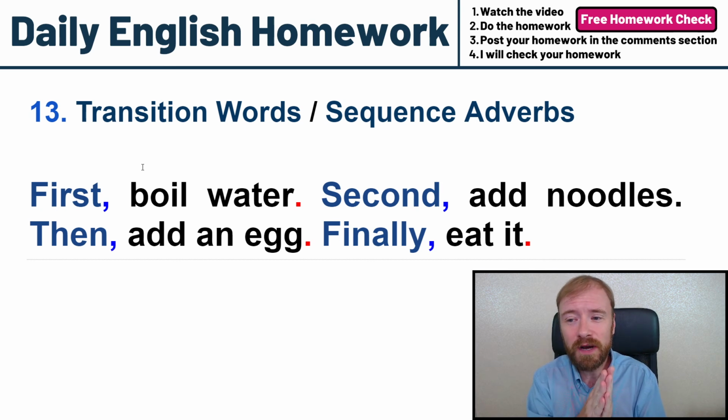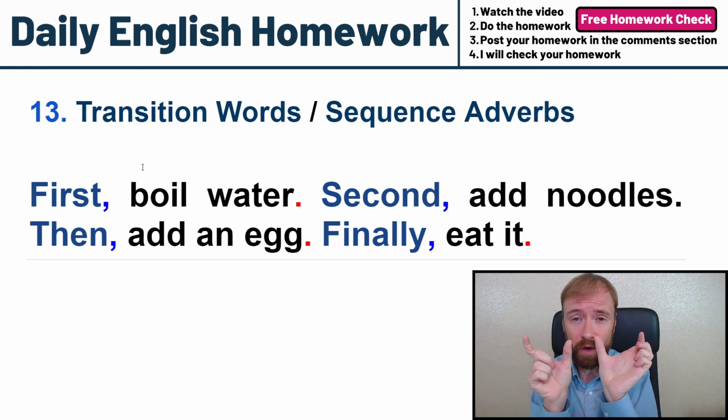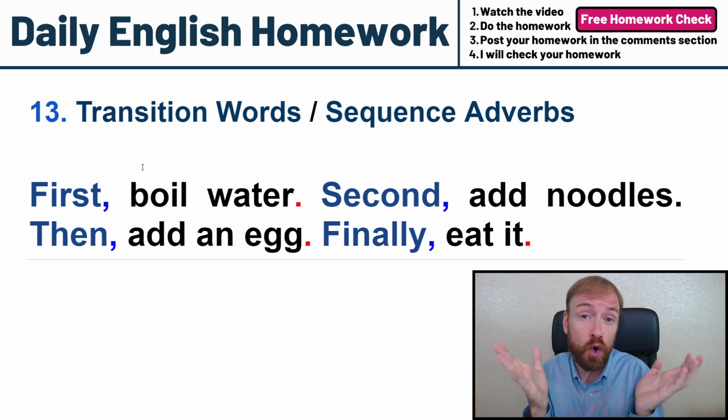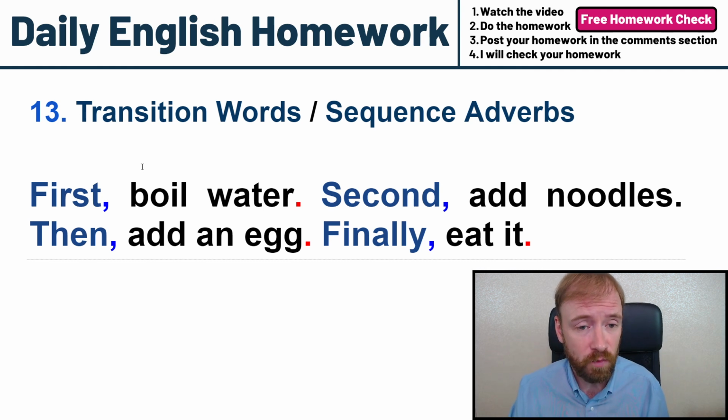Transition words, sequence adverbs are another strategy to connect sentences without making them one sentence. So we're going to keep them as 2 sentences, but we're going to use these words to show these 2 sentences are connected in some way.